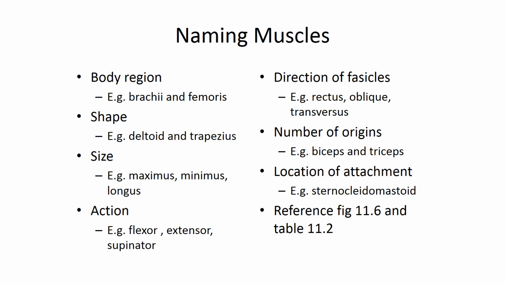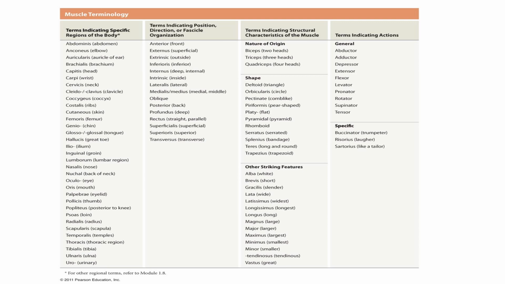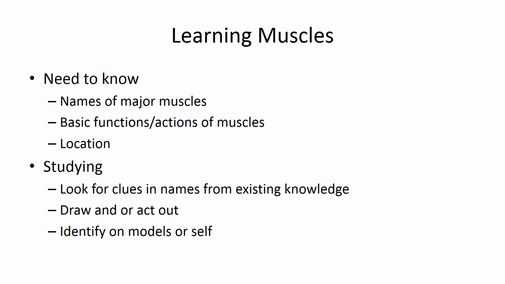And you've got two references that show how muscles are named based on the muscle terminology shown here. So it shows you their origin, their actions, regions of the body, etc. So you need to know the names of the major muscles, their basic actions, function, and their location.